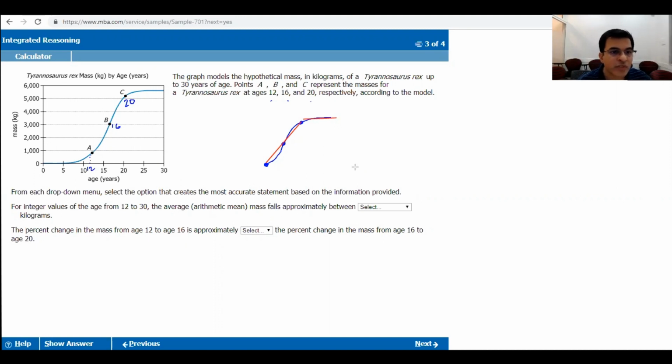So from A to C is almost a straight line, as you can see. And the midpoint of a straight line, or rather the average of a straight line, will always be its midpoint, which overlaps with B. So one of the things that we know is that for this straight line, the average is equal to 3000, this value.